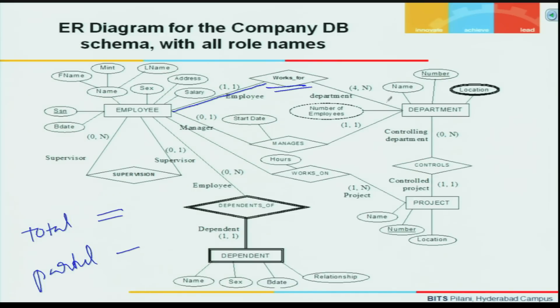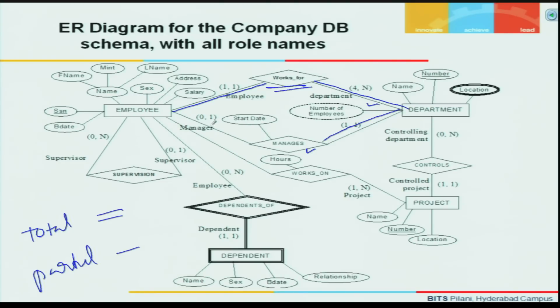And if you look at the association of department in works for, it also says that every department must contain at least one employee working for the department. So it should be total, a double line. And in manages, the company rule says that every department must have at least one employee managing the department, so it should be a double line, total participation.